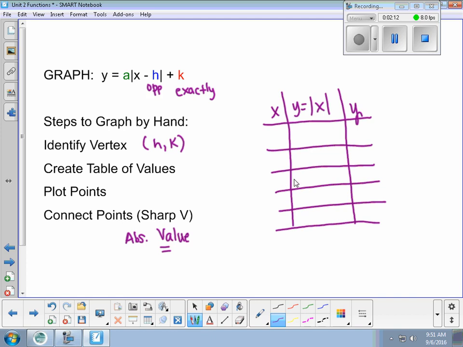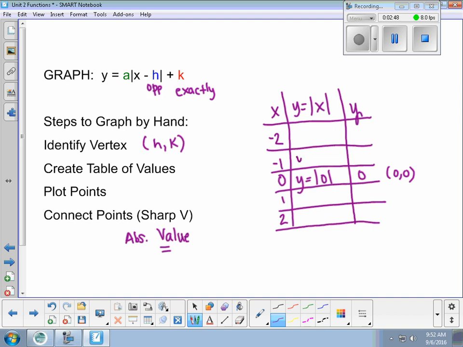For y equals the absolute value of x, there's nothing inside the absolute value bar and there's nothing outside, so that means that it is (0, 0). So when I plug 0 in, I get 0 out. So (0, 0) is the vertex. Then I'm going to pick two numbers that are smaller than this x value and two numbers that are larger than this x value. So two numbers smaller would be -1 and -2. Two numbers larger would be +1 and +2.